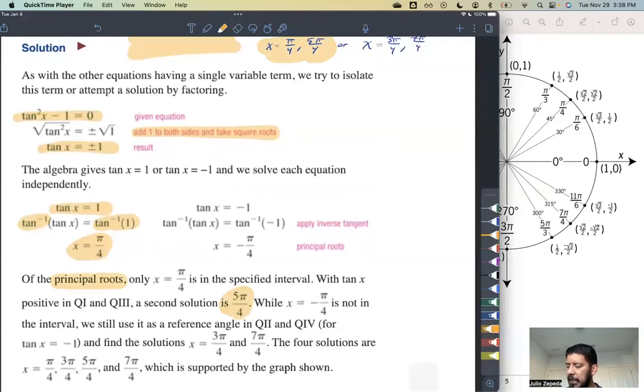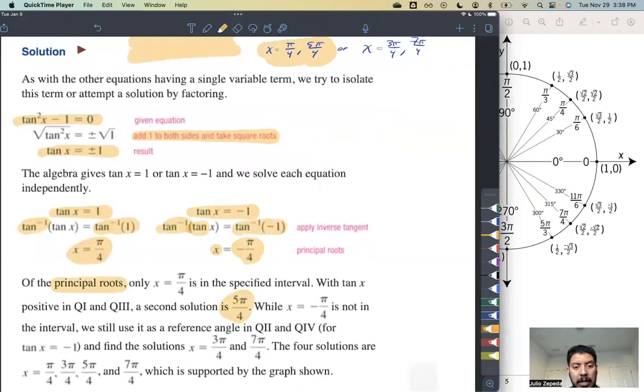And then they do the exact same thing with the other equation. They apply the tangent inverse to both sides because tangent inverse and tangent are inverse functions, so they just produce x. And then if they apply the tangent inverse to both sides, then they get negative pi/4. Which notice, negative pi/4, that's not between 0 and 2 pi where we want our answers.